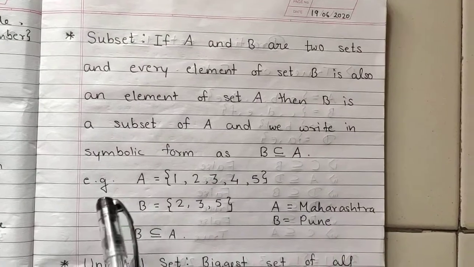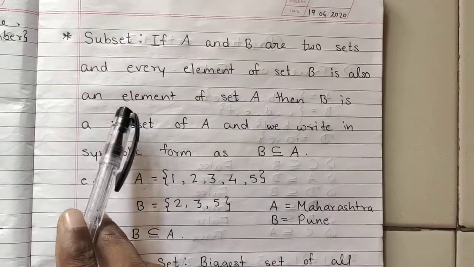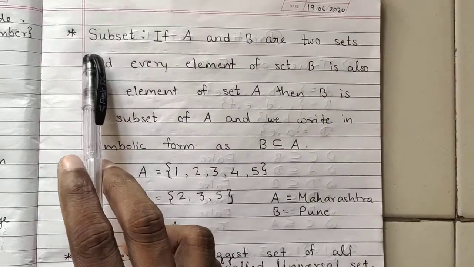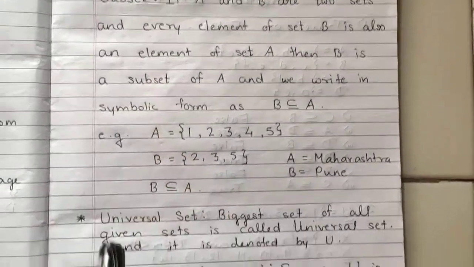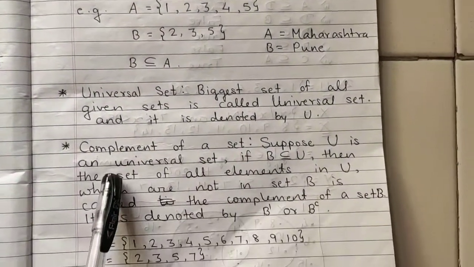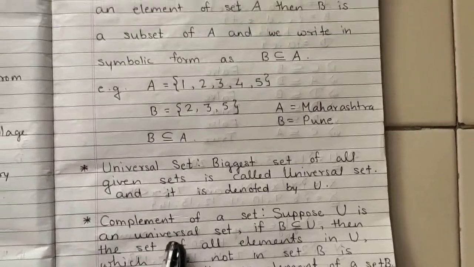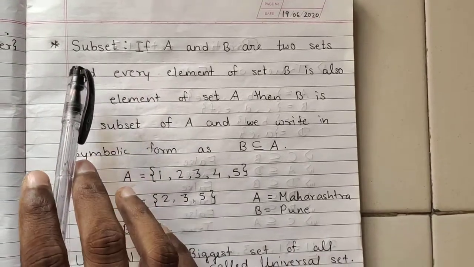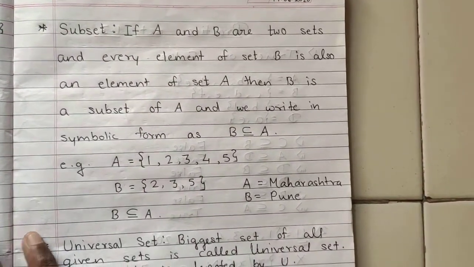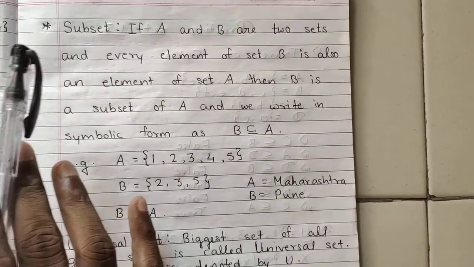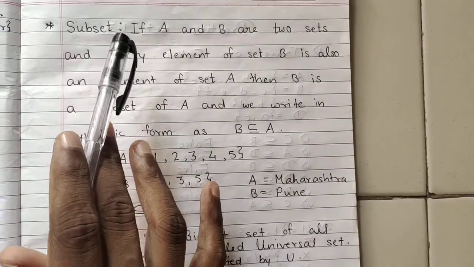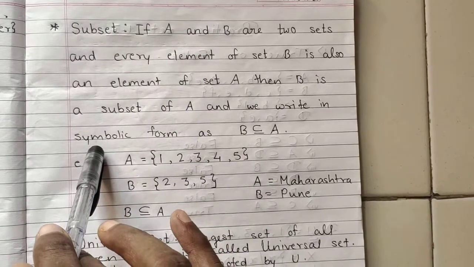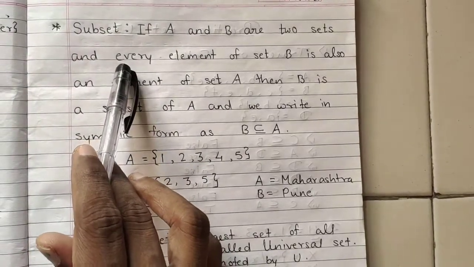Let us revise what we have seen in our previous lecture. So in previous lecture we have seen what is subset, what is universal set, and what is complement of a set. So let me revise quickly. What is subset? See, whenever you are searching for a subset, remember, first you see whether all the elements of the smaller set are present in the bigger set or not.